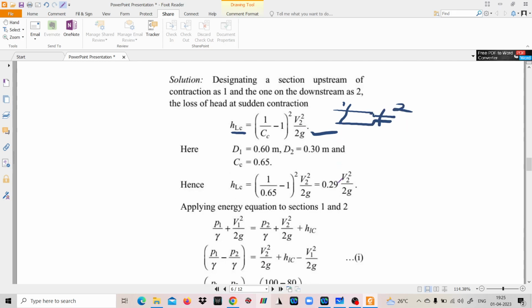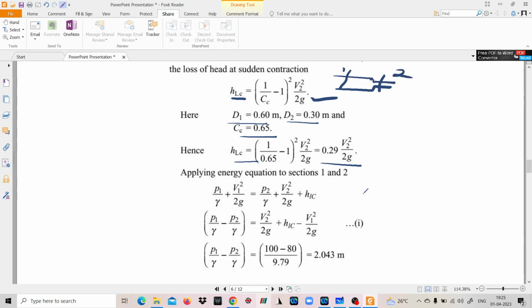Here the diameter 1, that is upstream, is 60 centimeter or 0.6 meter, diameter 2 is 30 centimeter or 0.3 meter, Cc is 0.65. So everything is known except V2. So HLC is 0.29 V2 square by twice g.